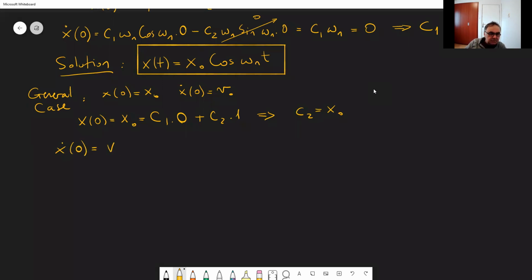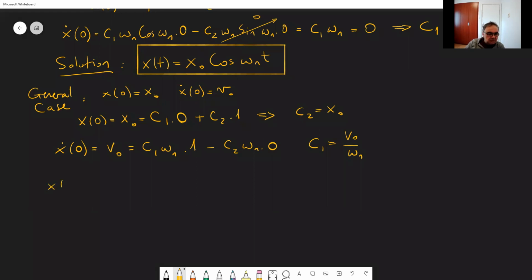Well, x dot of 0 is V0, as we know. That is given. It is C1 times omega n times 1 minus C2 times omega n times 0. So C1 omega n is V0, so C1 is equal to V0 over omega n.